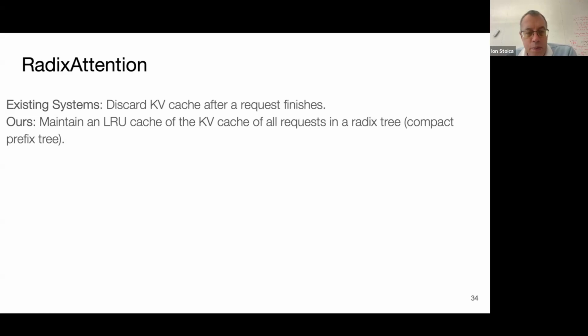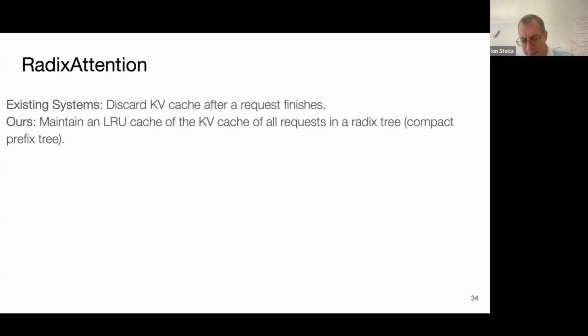Basically you remove the entries, the blocks which haven't been accessed for the longest time, right? Because it assumes that if something has not been accessed for a long time, it is not going to be accessed in the future.